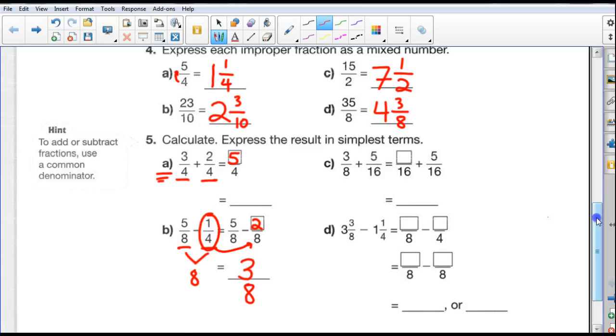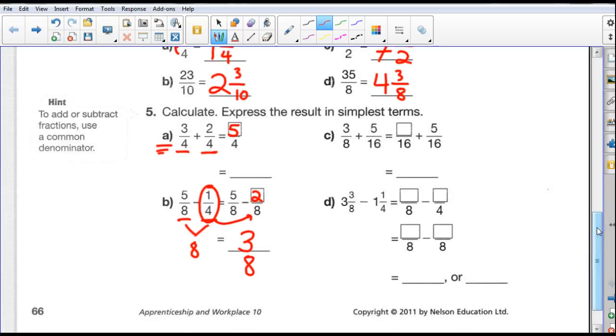Let's do C. I have 3/8 plus 5/16. Okay, so we already know that the common denominator is 16. It's already done for you. So I don't have to change the 5/16. It stays the same. But I have to convert 3/8 to an equivalent fraction over 16. Well, to go from 8 to 16, we multiplied it by 2.